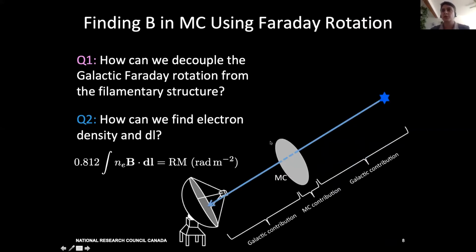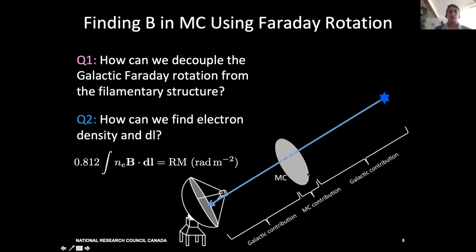We know that from the extragalactic sources to our receiver, the electromagnetic wave goes through the entire galaxy and entire interstellar medium. So the first question is how do we decouple the molecular cloud contribution from the rest, which I call the galactic contribution.